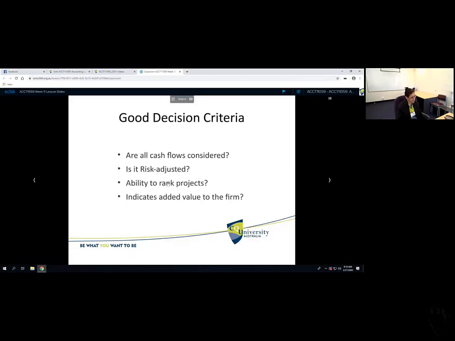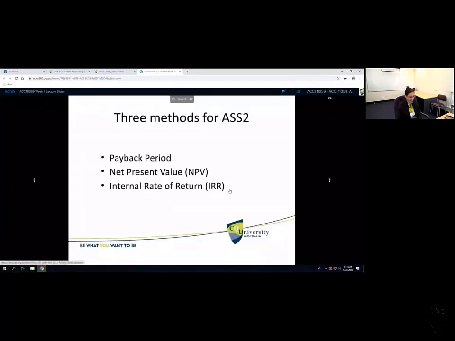Now, based on these good decision criteria, businesses have developed a number of tools and techniques that can be used to evaluate the different investments, and that's what is known as the capital budgeting or capital investment techniques. And we're going to go through 3 of those today, okay? So we can have a quick look at each of the methods now. So these are the 3 methods that you'll have to cover for assignment 2.